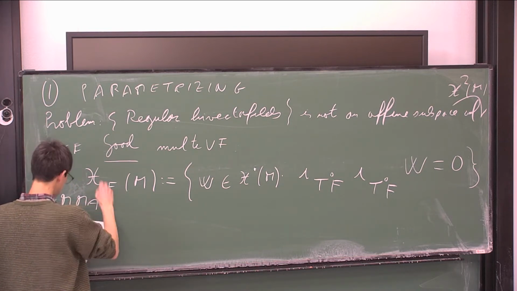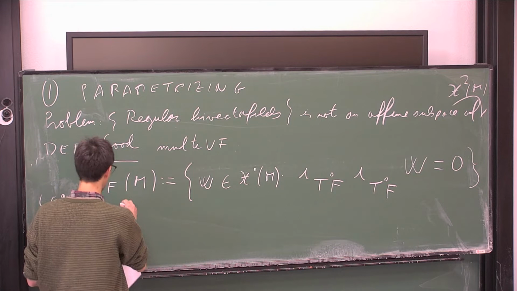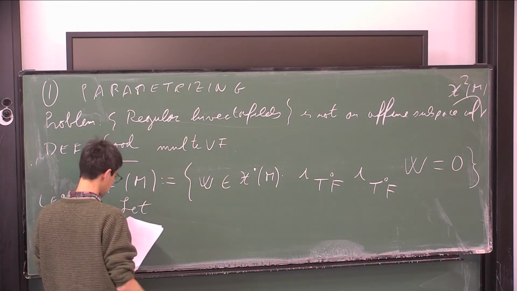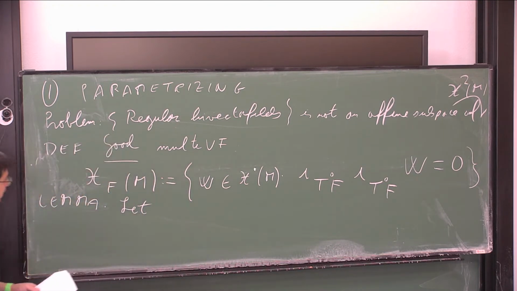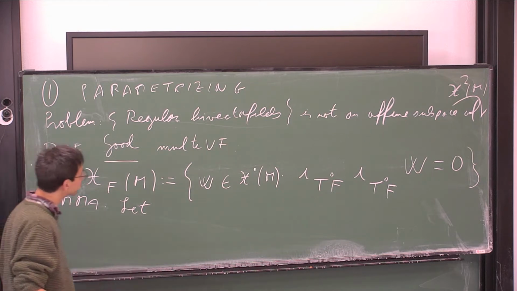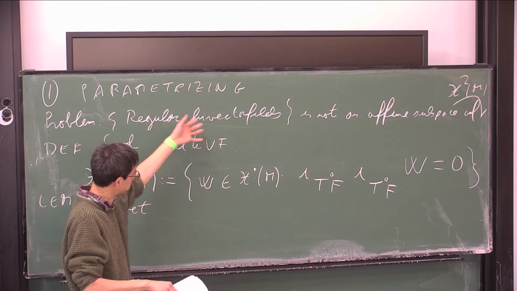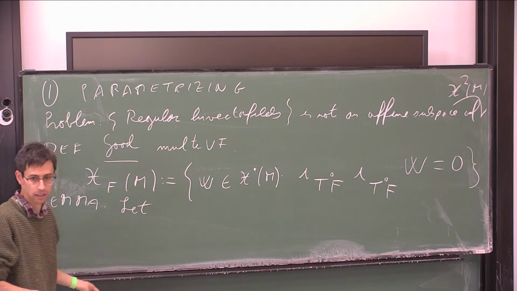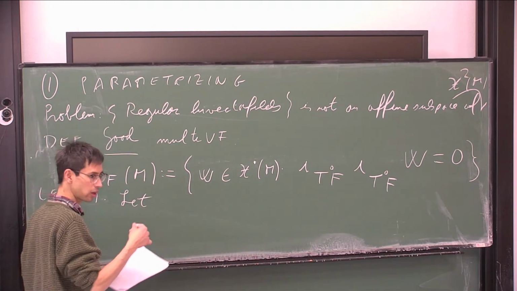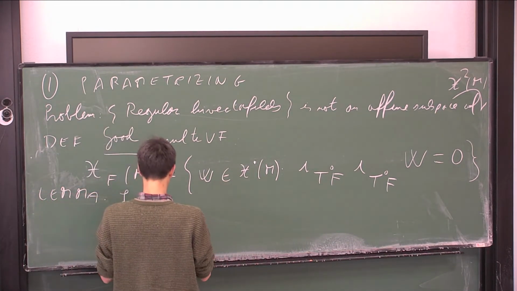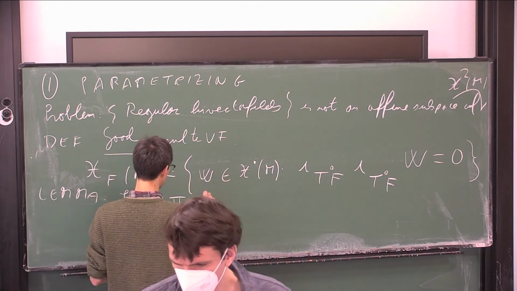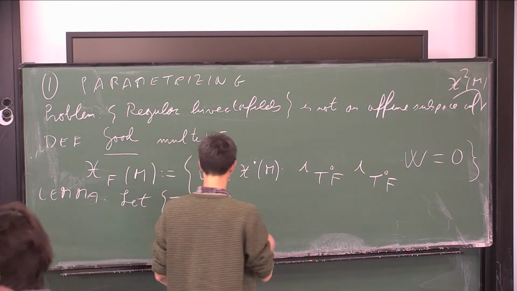And the reason why that appears natural is the following. Now I'm trying to get an idea of what this space of bivector fields of a fixed rank looks like. So let's take a curve of such things, pi t.